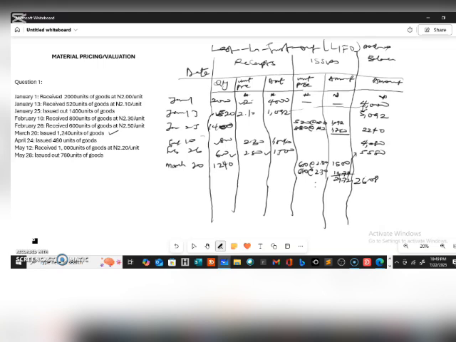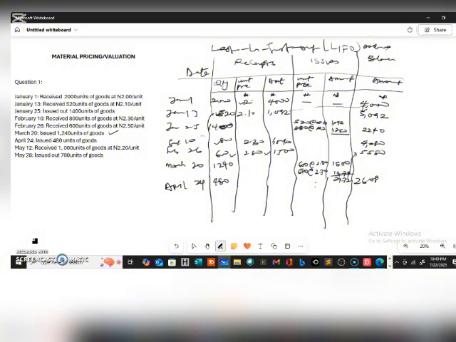Okay, we have April 24. So we issued another goods, 480 units. So we come down here. Remember that the last item we worked on, we took 640 out of this 800, meaning that we are still left with 160 out of the 800.